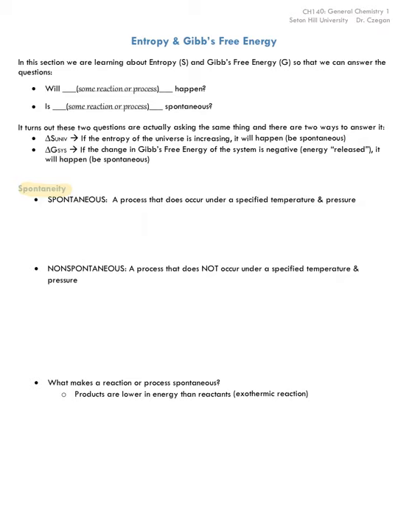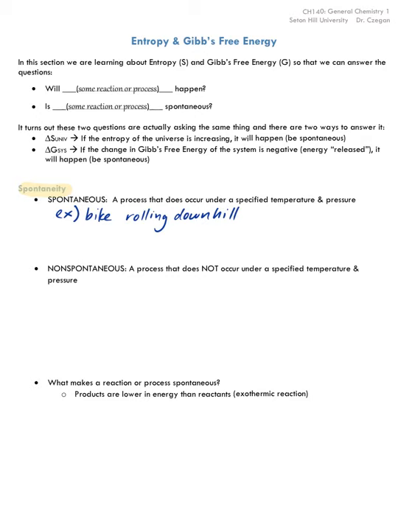We can think about some examples of spontaneous and non-spontaneous processes. An example of a spontaneous process would be a bike rolling downhill. We don't have to do anything to make our bike roll down the hill. It'll just go.